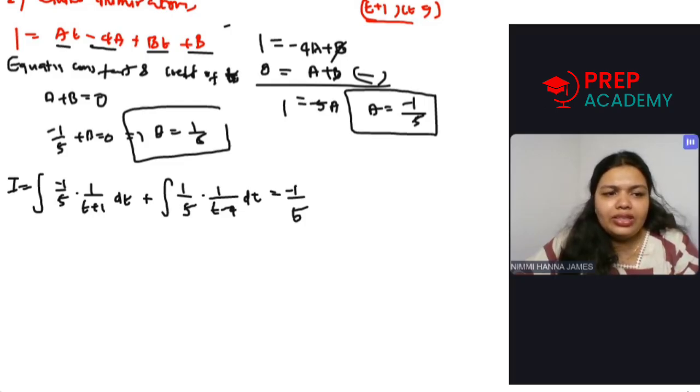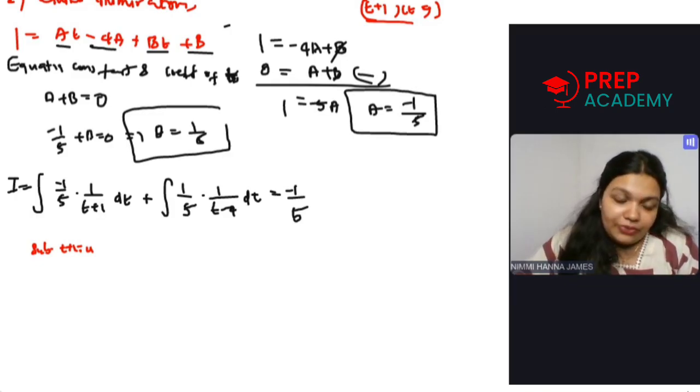Actually, how did we arrive at that log of (t plus 1)? We know that it's just a substitution. I substituted t plus 1 is equal to u. Another substitution inside a substitution. I know it's messy, but it's beautiful. So substitute t plus 1 is equal to u. Differentiating, the differential of t is 1, and of 1 is 0, so 1 dt is equal to du, so dt is equal to du.